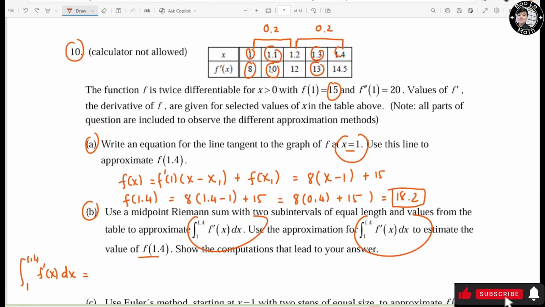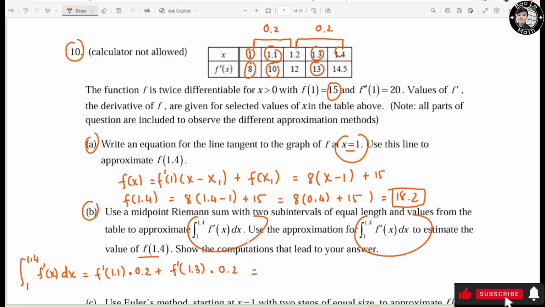So we have length times width, right? The length is actually f prime of 1.1 times the width 0.2, right? Plus f prime of 1.3 times 0.2, right?